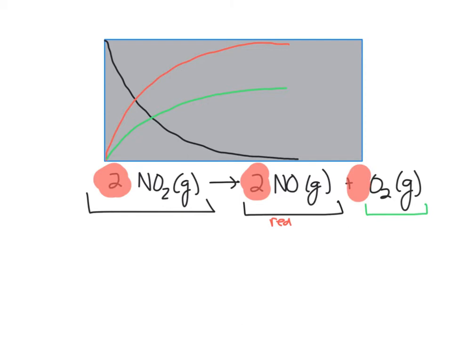Now we can write our rates with mathematical representations that take into account how the stoichiometric coefficients are going to affect how fast one species is forming or decomposing in relation to the other ones. All you have to do is take the number from the coefficient and turn it into a fraction. Just remember that all of the reactants are going to be negative because those are going down over time.